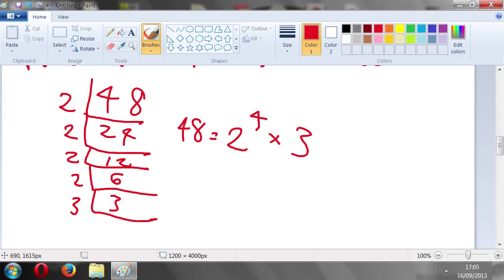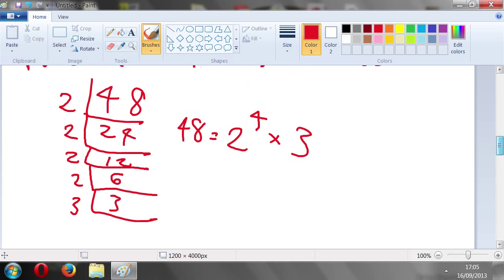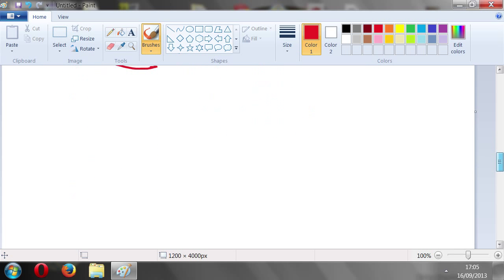So we can see that works out. 16 times 3 is 48. And you could do that for anything. So there are going to be these unique powers. Nothing else is going to amount to that. And they're always going to be prime factors. Well, obviously prime numbers don't actually count there.